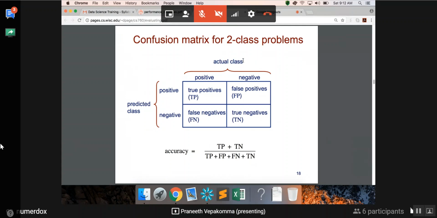So if you're checking for, let's see, cancer or HIV or something, you hear these terms very commonly. It's the same terminology being used here. So if someone who is really positively affected is classified as being a positive patient, then it's a correct prediction.